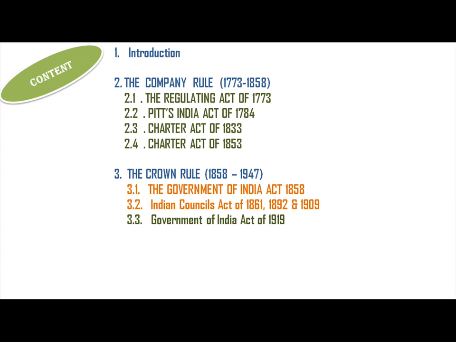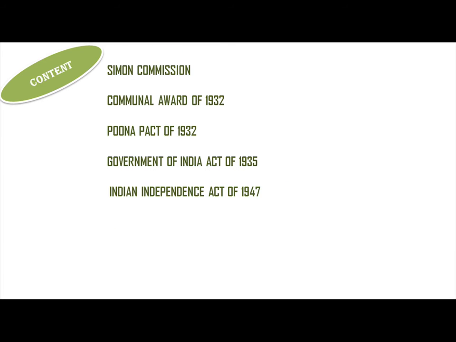All three Indian Council Acts, that is 1861, 1892 and 1909, are completed. Now, in this video, we are going to talk about the Government of India Act 1919.